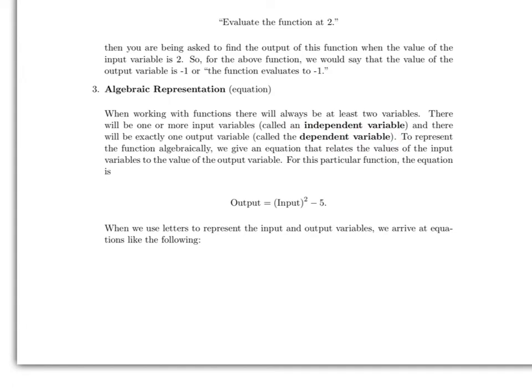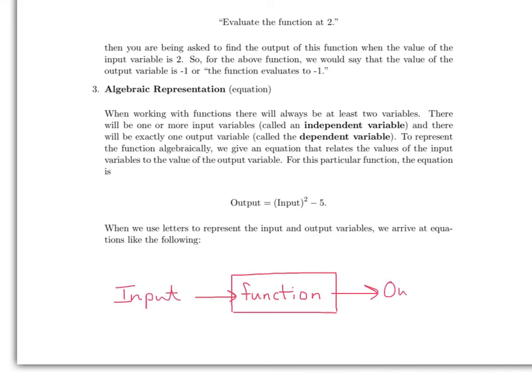So let me draw a picture to help you see what I'm talking about here. This is a flow diagram, and the function is the process in the middle, and then we have our input and our output.